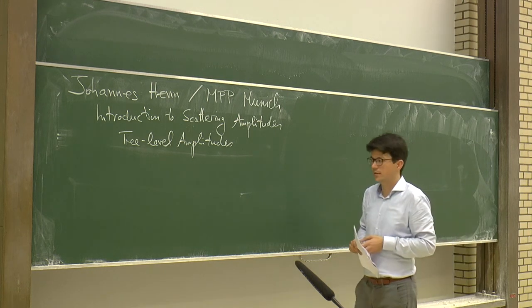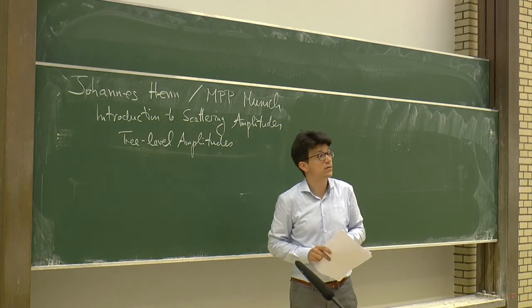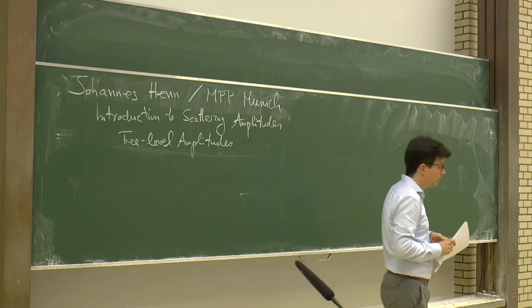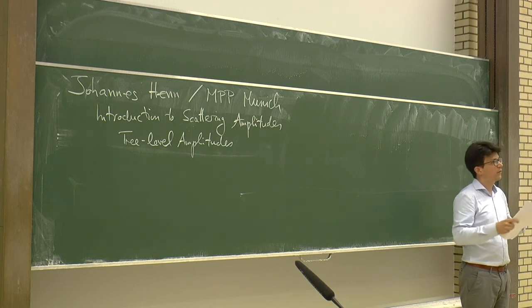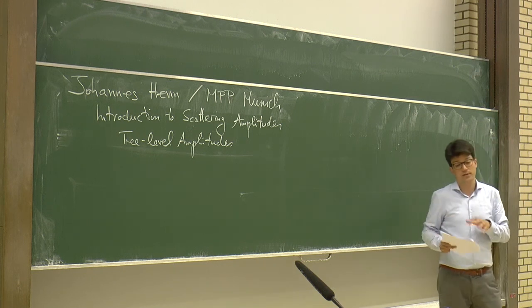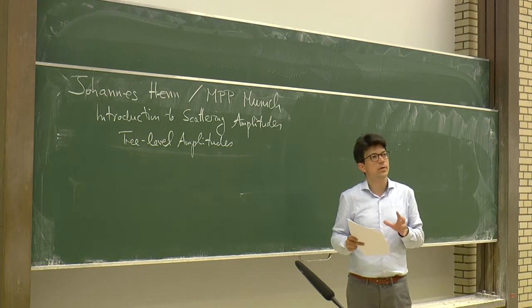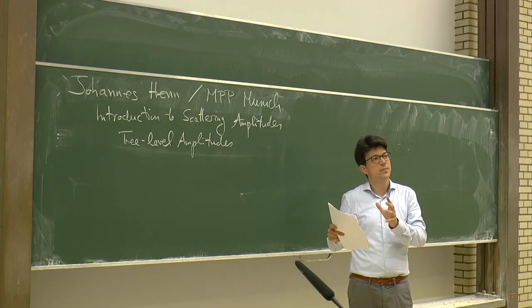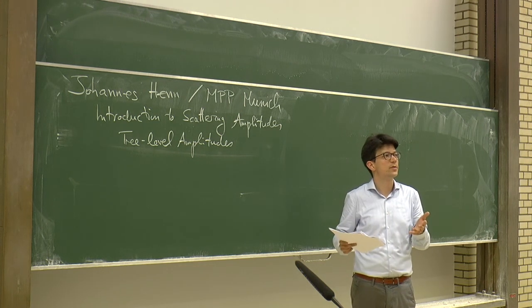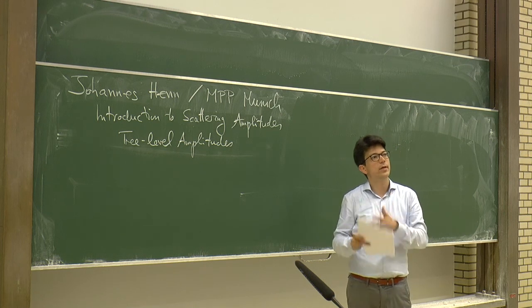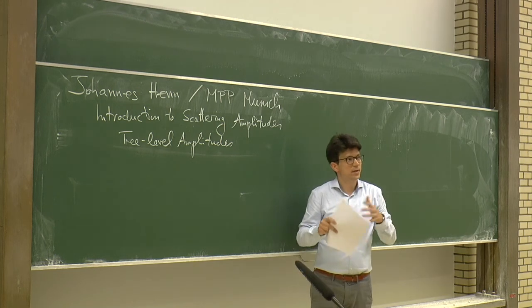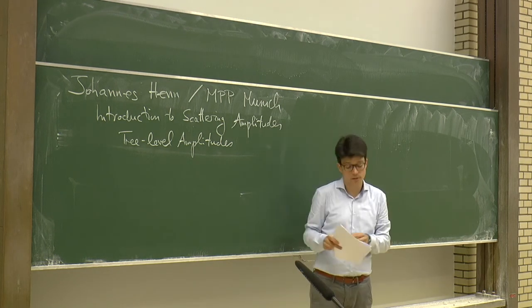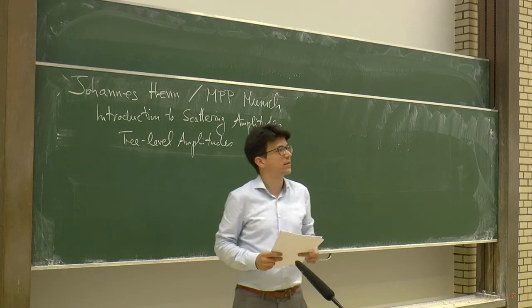For example, and this we'll hear about in David Kosower's lecture, how to organize the loop-level integrands, performing similar simplifications at the integrand level, but then also, and this will be a topic of Claude Duhr's talk, how that connects to the special functions, logarithms, dilogarithms, and so on, that you encounter when you evaluate these loop integrals. So although this is in a way rather basic, it connects to these really complicated and up-to-date research topics.